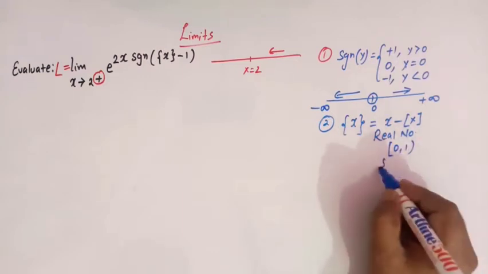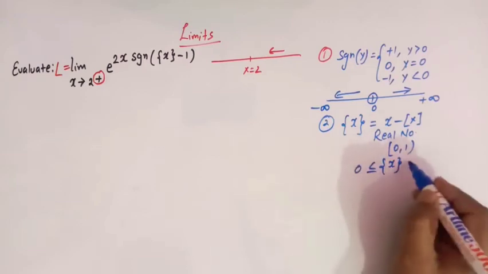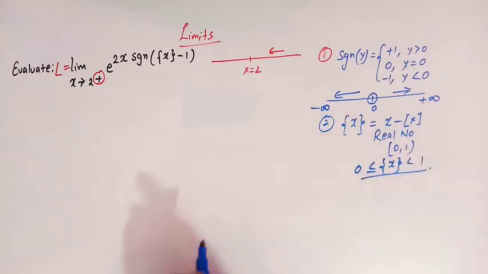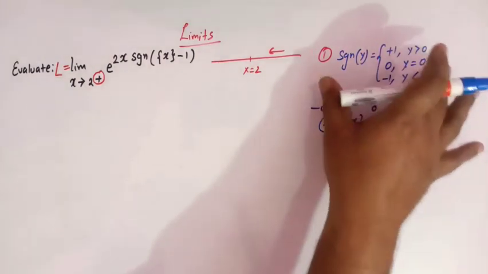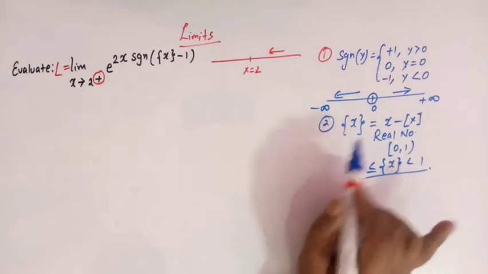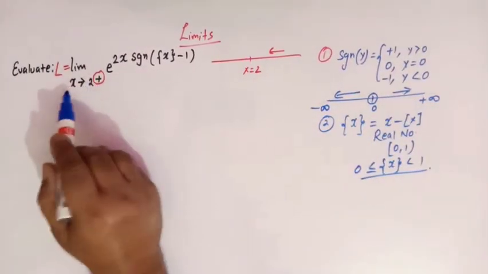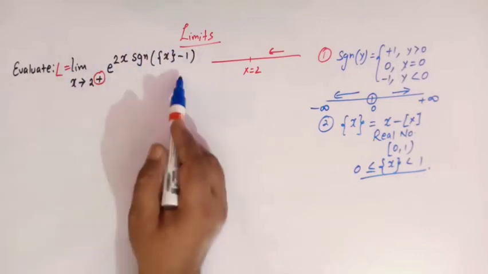It means that for fractional part of x, the range is from 0 to 1, right? Okay, so once we have seen the definitions of signum function and the fractional part function, we can utilize these two definitions for calculating this limit, right?